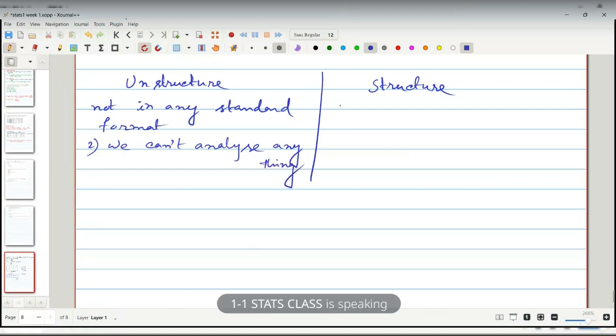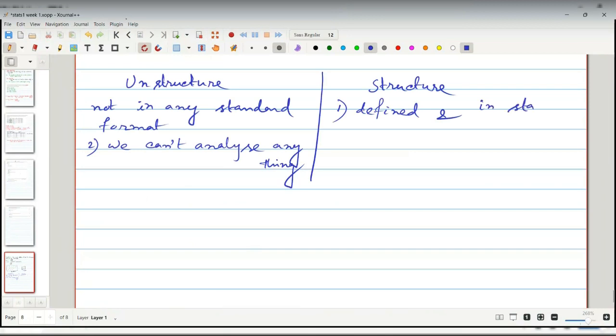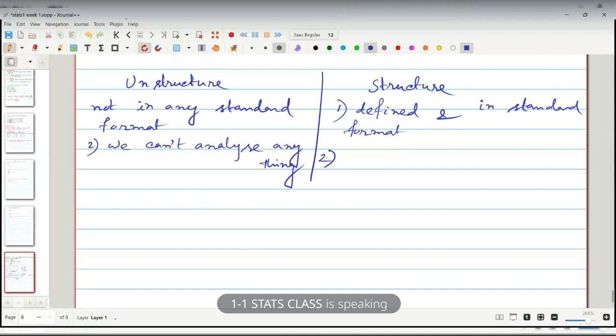Structured means the data set is defined and in standard format. And the next thing is we can find any data easily, easy to search and analyze.